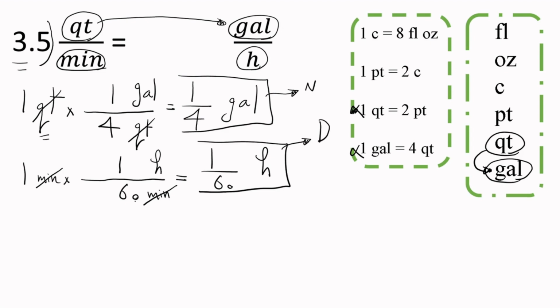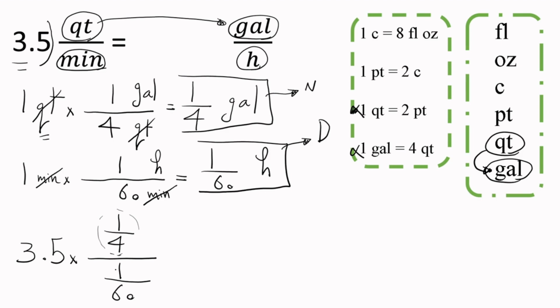Okay, let's return to the number again. 3.5 multiplied by, in the numerator I have 1 over 4, and in the denominator I have 1 over 60. Of course, you can write the first fraction and then convert the division to multiplication and then write the reciprocal of the second fraction, but it's going to take time.